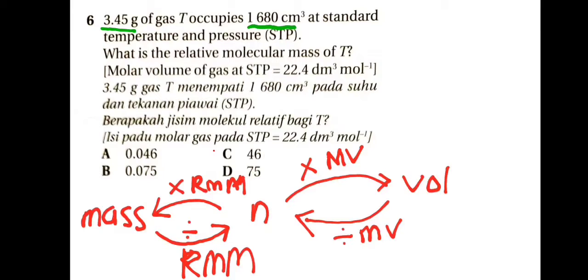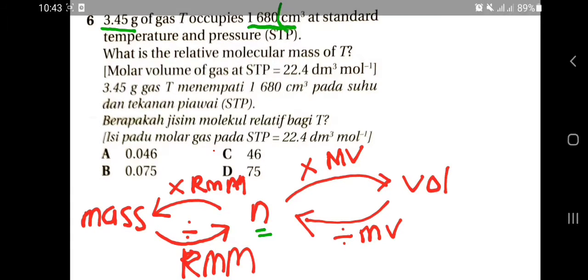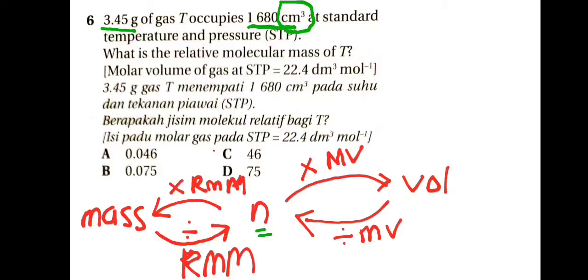Back to the question, the mass of gas T is 3.45 gram, and the volume of the gas is 1680 cubic centimeter. Now we want to find the number of mole first. The volume is 1680, and this is in cubic centimeter, so we change to cubic decimeter. We divide by 1000. This is equal to 1.68 cubic decimeter, the volume of gas.